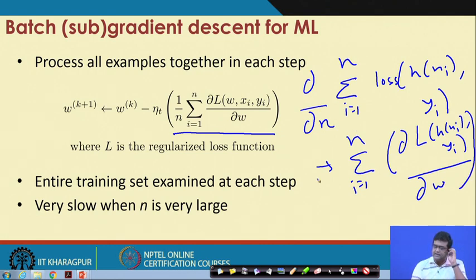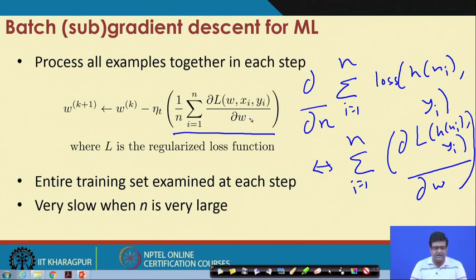These two are equivalent, because the derivative of a sum of functions is the sum of the derivatives of the functions. Using that property we can write it like this. So, this is our batch gradient descent or subgradient descent, as the case may be, when you want to minimize the regularized loss function.